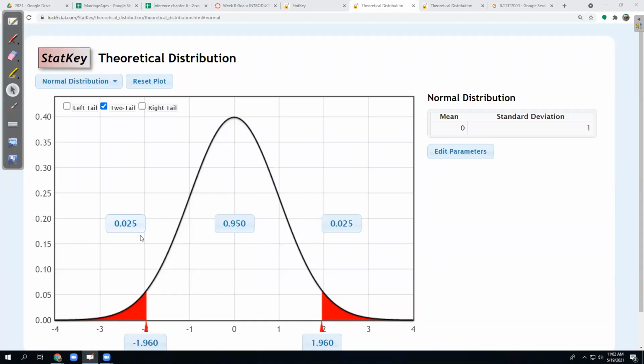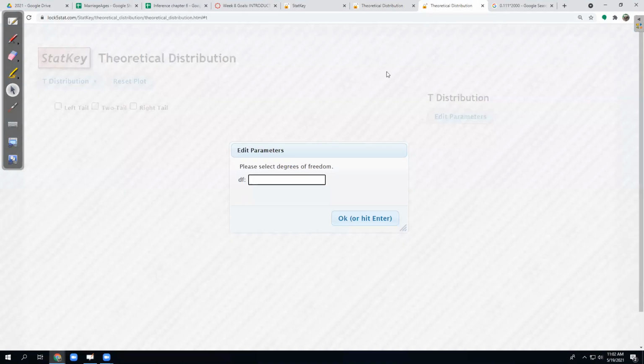So notice the normal distribution didn't care what the sample size was. That is not in the calculation here. If we switch to a t distribution, the first thing the t distribution says is, what are your degrees of freedom? And the degrees of freedom are always the sample size minus 1. So if I have a sample size of 50, degrees of freedom is 49.